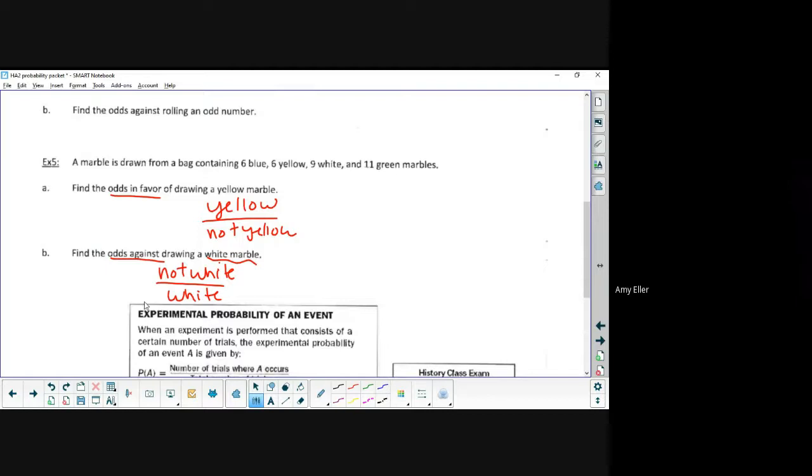First one, odds in favor of drawing a yellow. It's helpful for me to write yellow over not yellow so I don't accidentally do total. Yellow, there are 6 that are yellow and 26 that are not yellow. Divide by 2, 3 to 13. Odds against drawing a white.